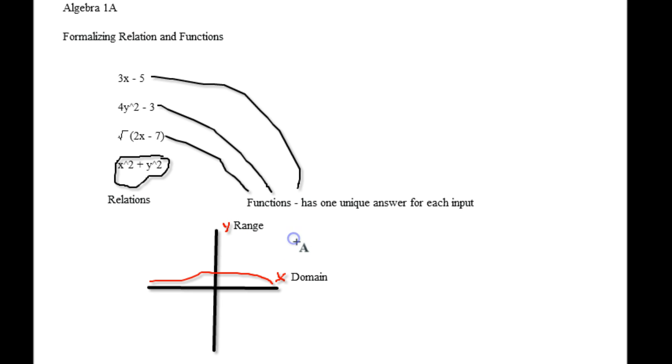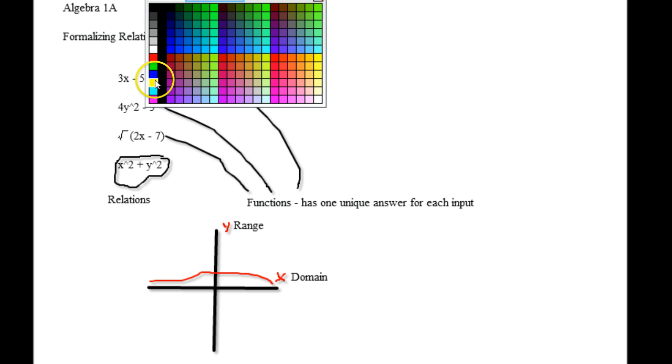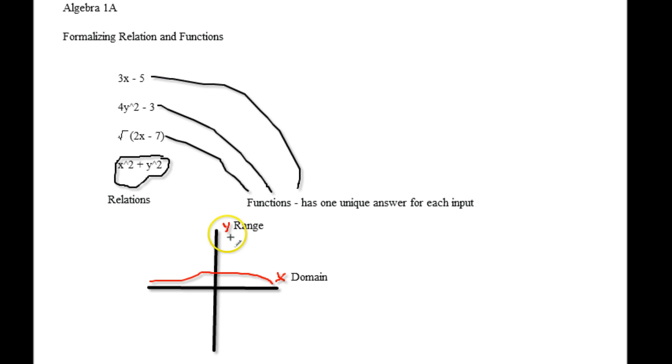It's the range of answers I can get out. The domain and range you do have to look at. You have to look at how far up and down the graph goes and how far left and right the graph goes, because just looking at a function, it's going to be hard to tell all the time.